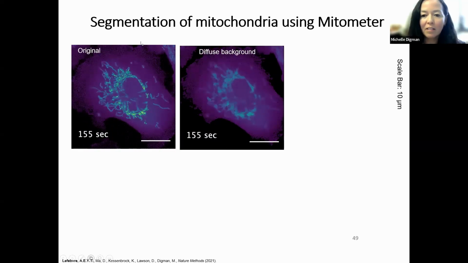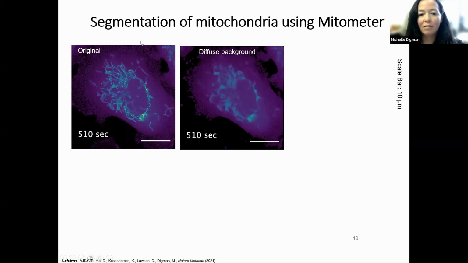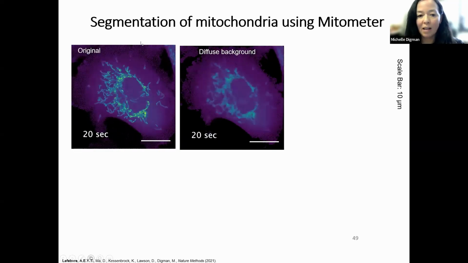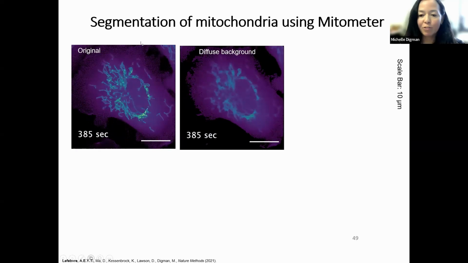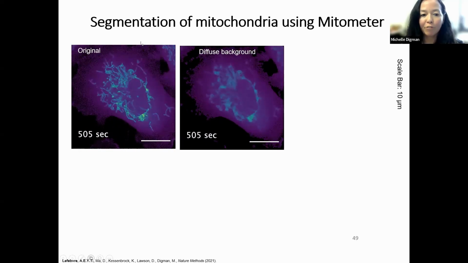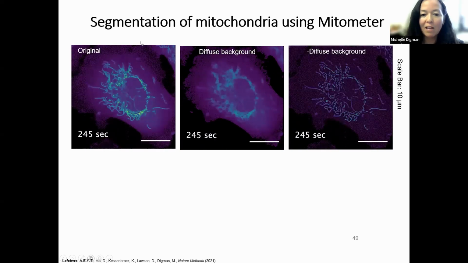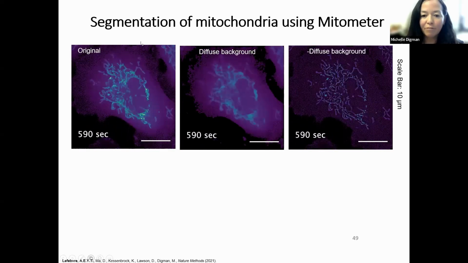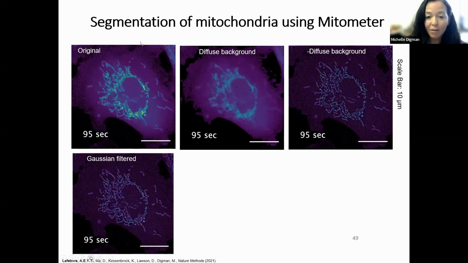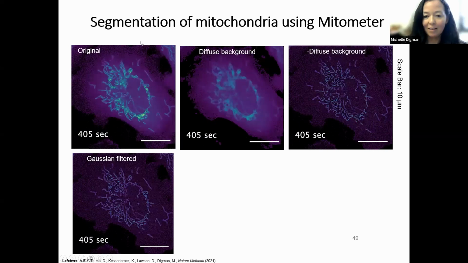So Austin, my former student, developed Mitometer, which is an automated approach to quantify the dynamics. He borrowed from astrophysics, where we are able to subtract diffuse background from the actual original image. And then by subtracting the diffuse background, we started to see more of the mitochondria in vision.